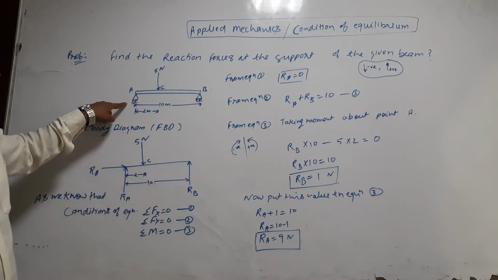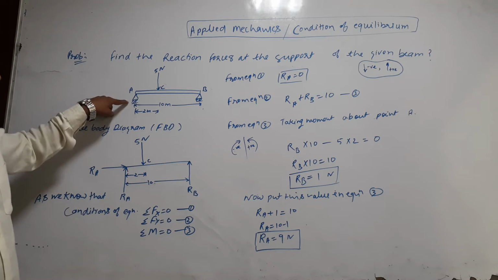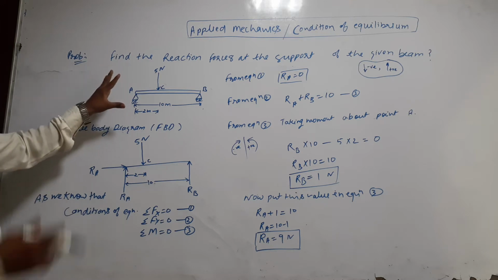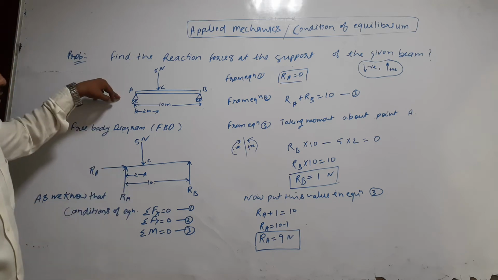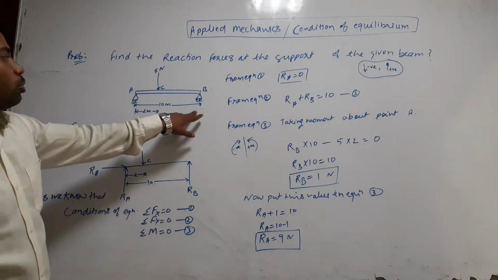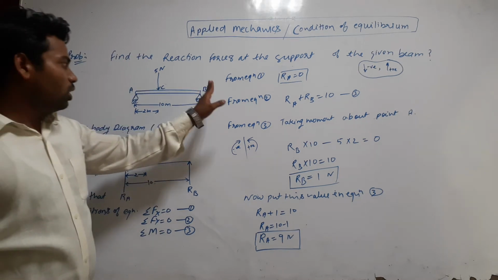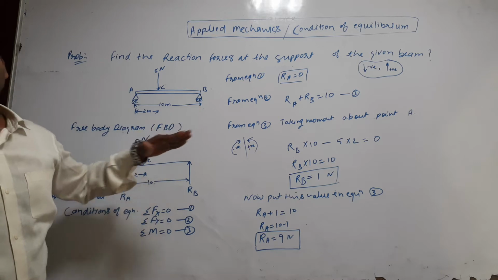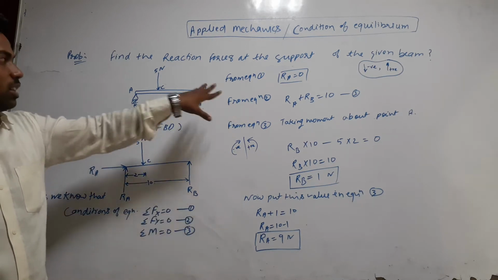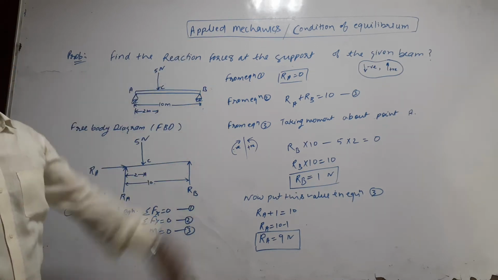Support A, because this is a fixed support, so it will fix the beam from both directions, in the vertical direction as well as the horizontal direction. But this is a roller support. This is not going to give the reaction in the horizontal direction because it is free to move in the horizontal direction, but it will constrain the motion of the beam in the vertical direction.